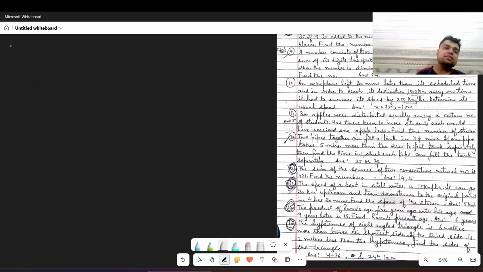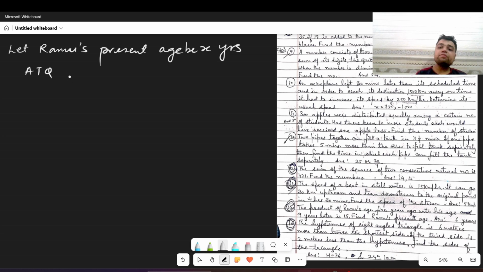So we will say let Ramu's present age be x years. According to the question, the product of 5 years ago, so x minus 5, and 9 years later, x plus 9, is equals to 15. Find the value of x.